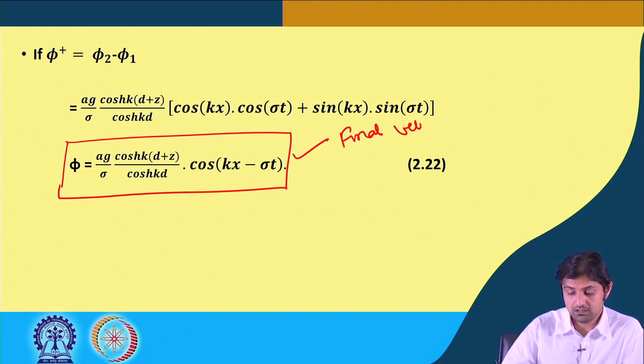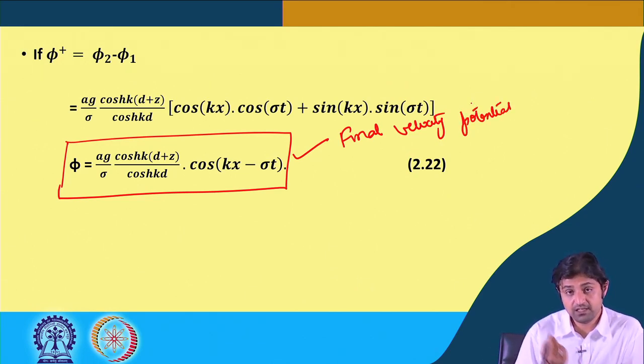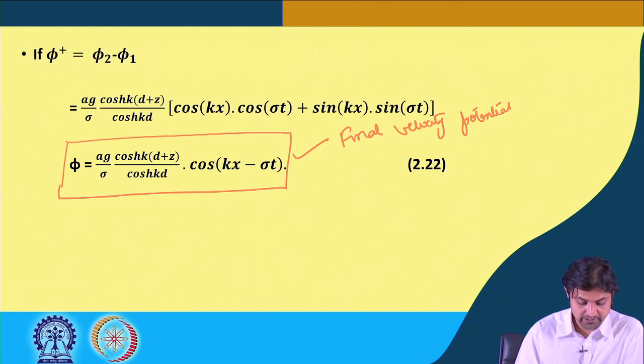This is the final velocity potential. So, now if you see, we have determined, A is the amplitude of the wave, right, sigma is 2 pi by T, k is 2 pi by L, right. So, everything you know. So, as a function of x and t, we have found out the velocity potential here.